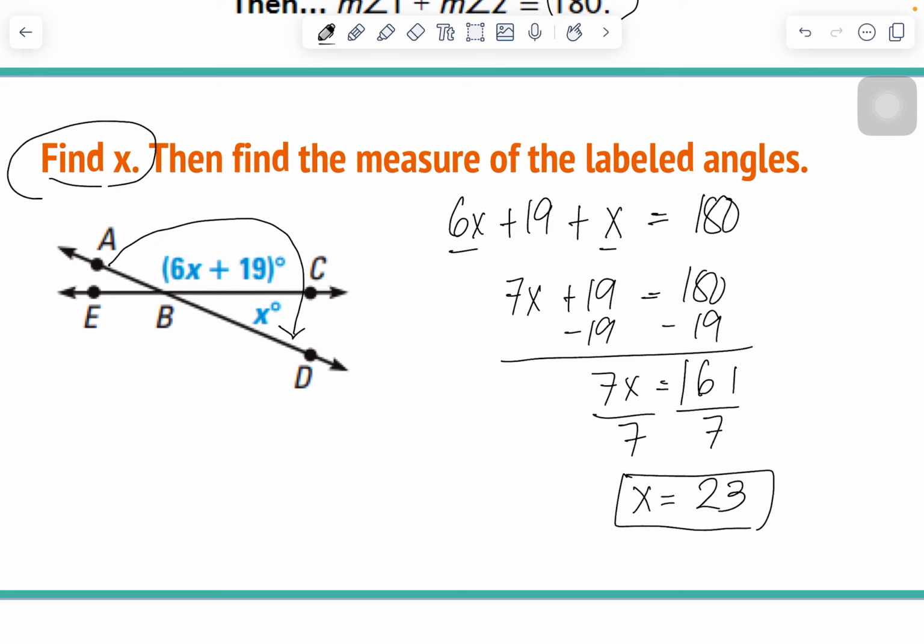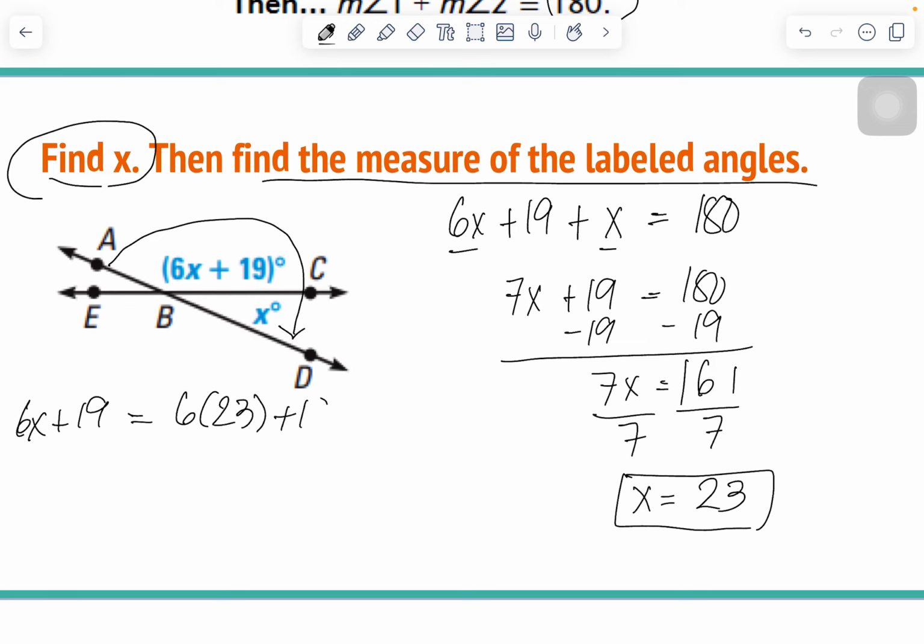So we have found the value of x, and we have to find the measure of each labeled angle. So 6x plus 19, that is 6 times 23 plus 19, will give you what? 6 times 23 is 138 plus 19 will give you 157. And your x is 23 degrees. So if you notice, 157 and 23 will give you 180. All right.